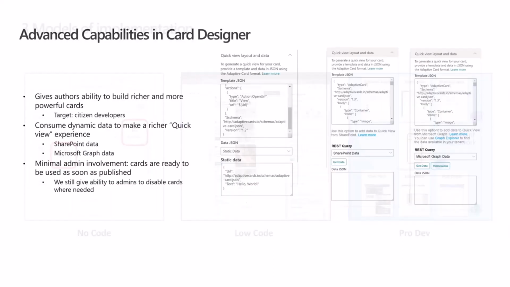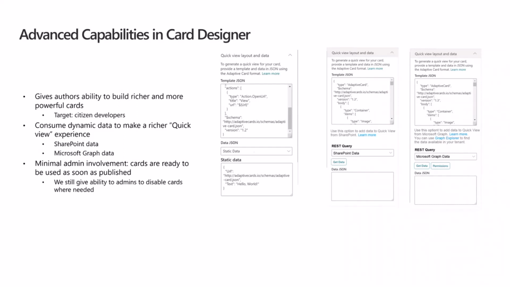So as part of these new functionalities, we are introducing advanced capabilities in the card designer. With these new functionalities, we are giving the opportunity for the operator to introduce API calls and inject dynamic data in the views of the card itself.